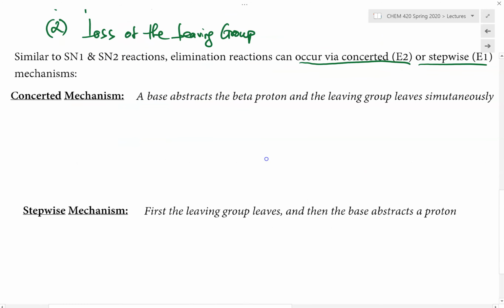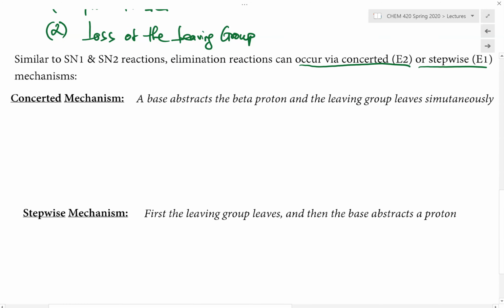The E1 and the E2 mechanism are as follows. First one, the concerted mechanism, is referred to as the E2 mechanism. This is when the base abstraction or the proton transfer at the beta proton and the leaving group happen simultaneously. Very similar to the SN2 reaction, where the 2 steps happen simultaneously.